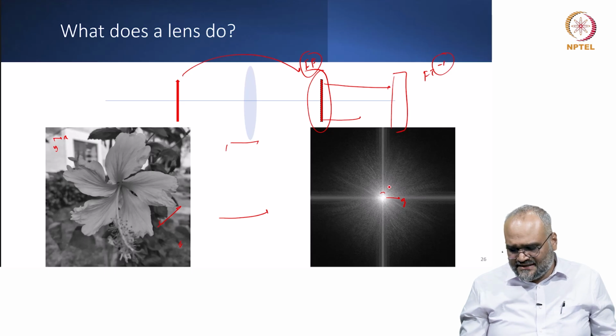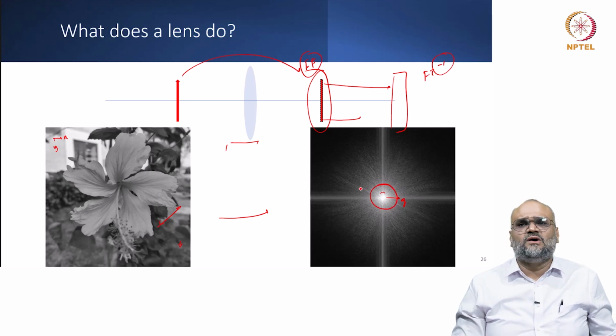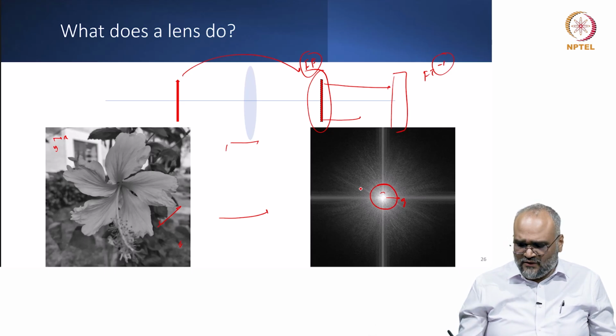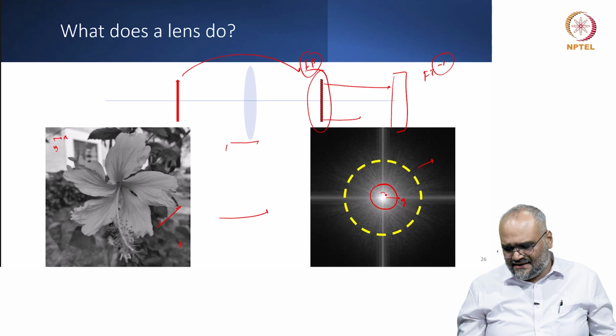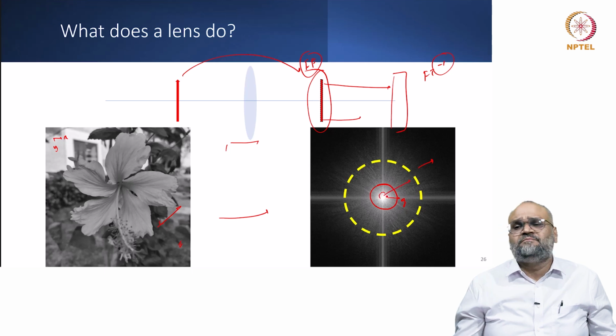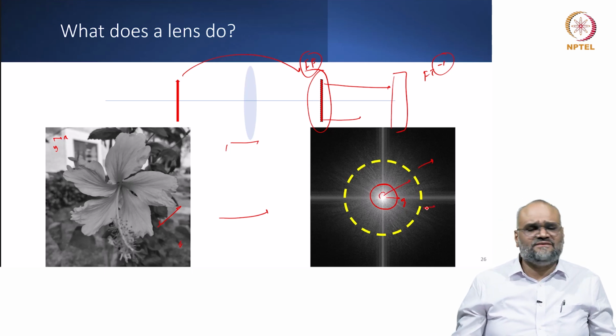If you look at it, these portions close to the central spot are called low frequencies and these are called high frequencies. Typically, you can say that all these are low frequency and the features here are high frequency.